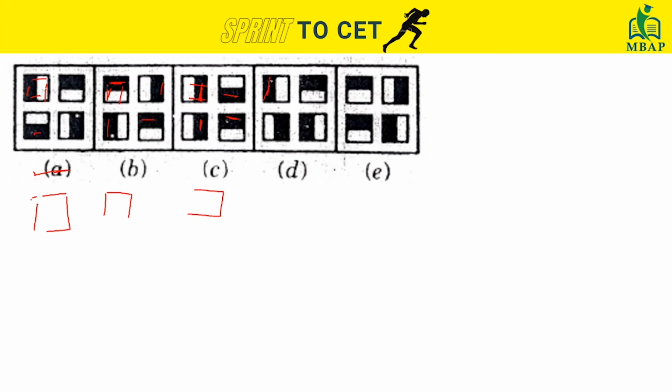This side is completed, then this side is dark, third again this side, and then fourth this side. So here also the square remains incomplete. So only in option 1 are all 4 sides of the square darkened sequentially, unlike the other 3. So option A will be the right answer, the odd man out.